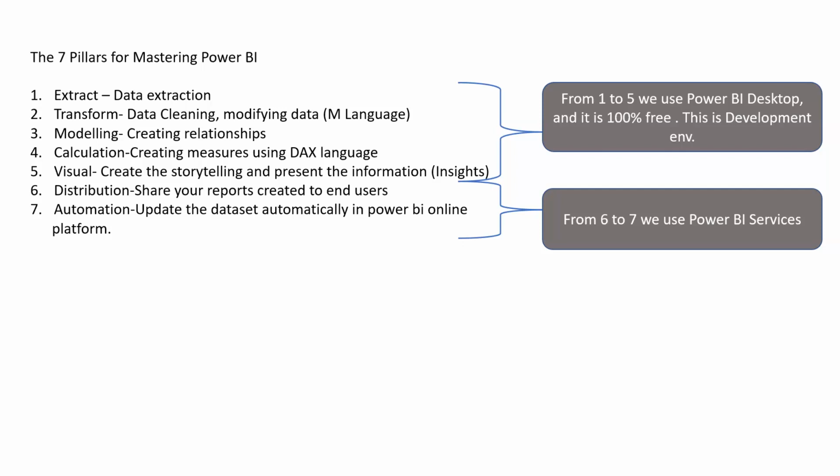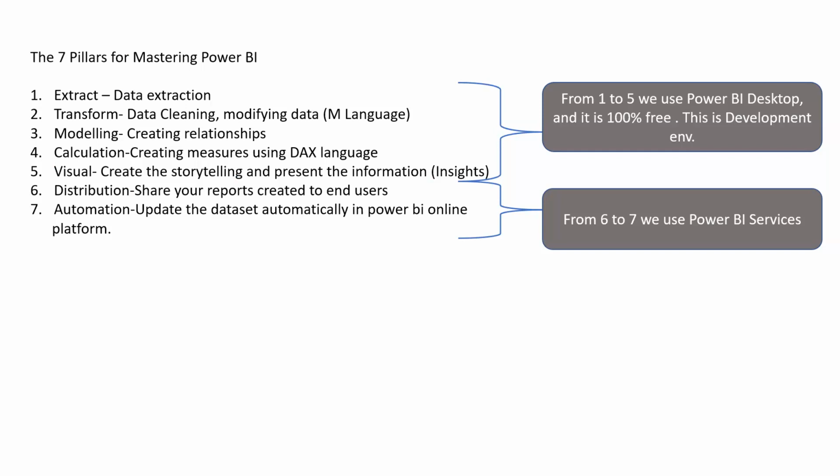So the 6th and 7th activities, we are going to perform at the Power BI service level. Sometimes there is a dedicated administrator. Power BI admin is also a separate job, with a separate administration team, and they can do those activities. We have to send an email saying these reports have been published, please automate or schedule them.